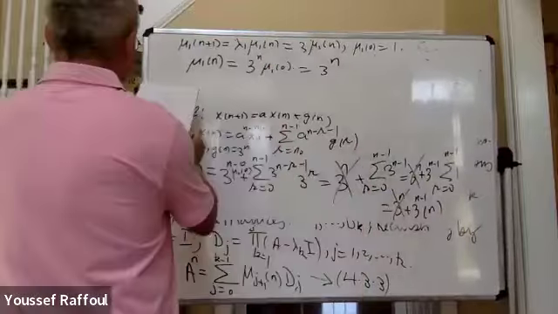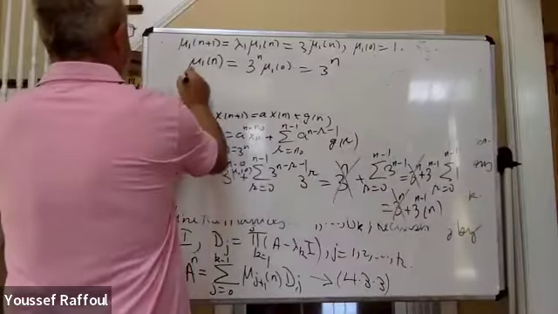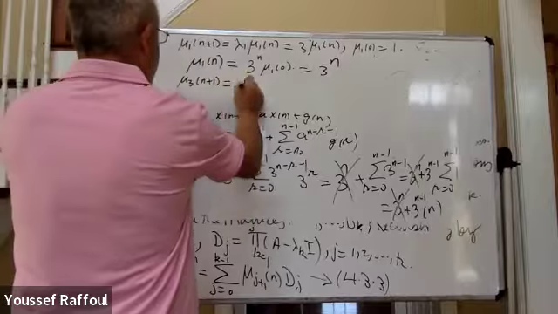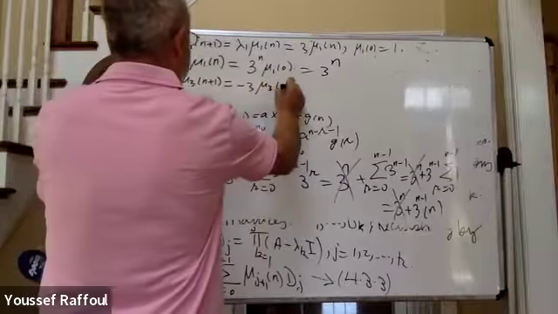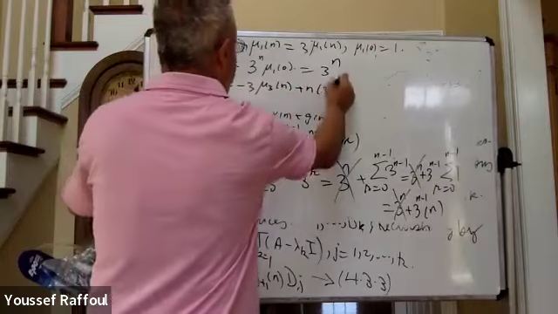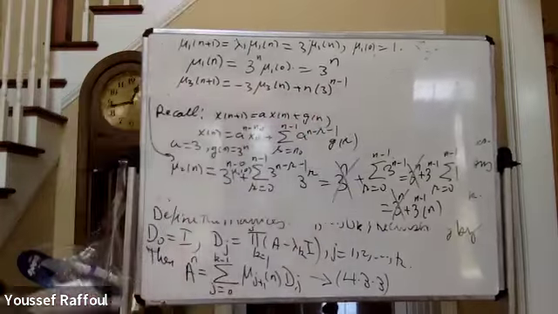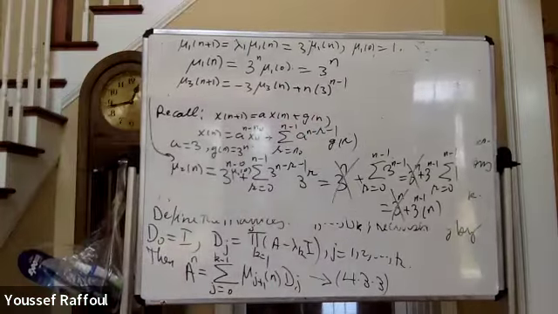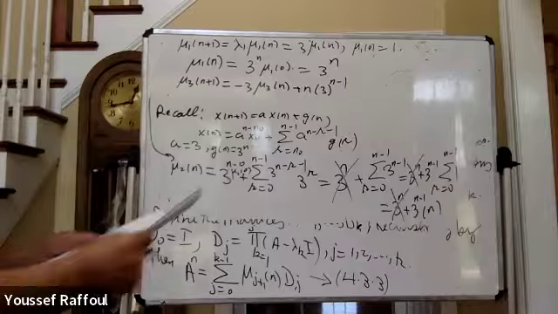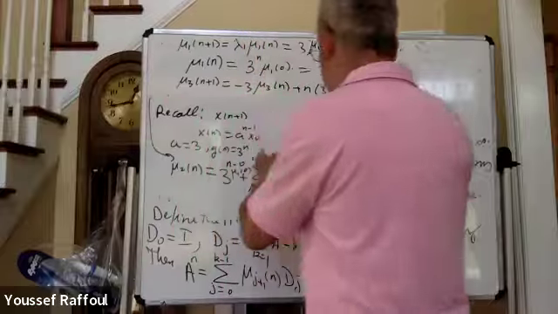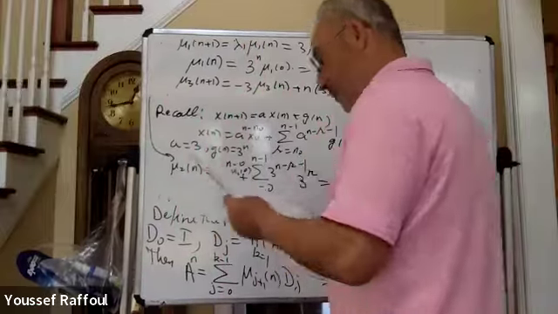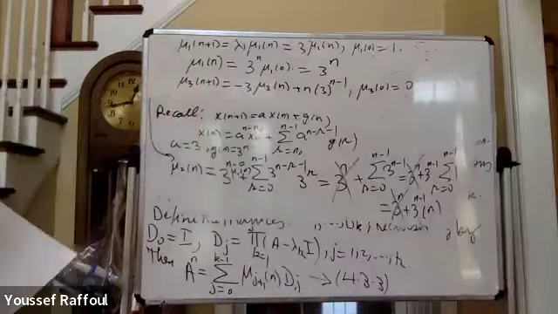Now, mu3 of n plus 1 equals 3 mu3 of n plus n times 3 to the n minus 1. Okay? And again, mu3 of 0 is 0.